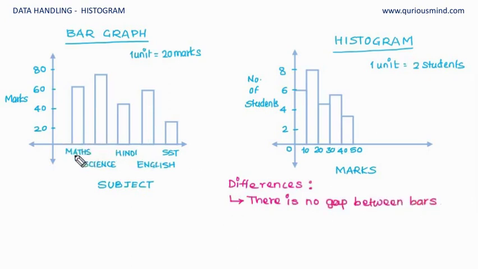In bar graph, the categories generally are non-numerical categories, and for each category there is a bar. Whereas in the histogram, we see the categories are always ranges, and there is a bar for each range, and the edge is shared by both these bars. The marks 10 is shared by both these bars.